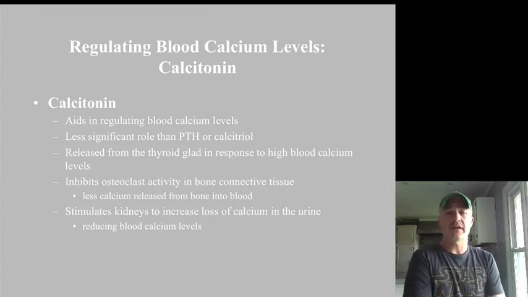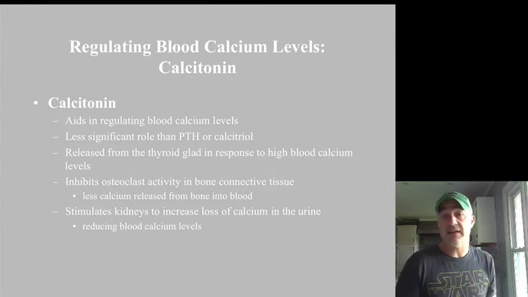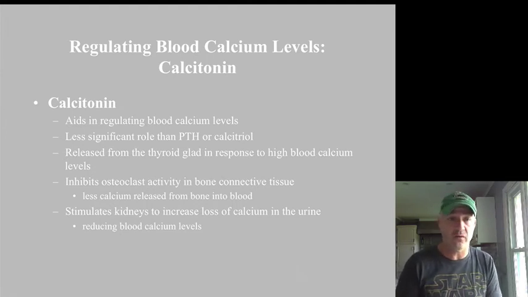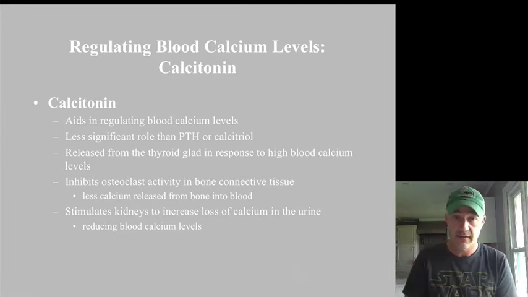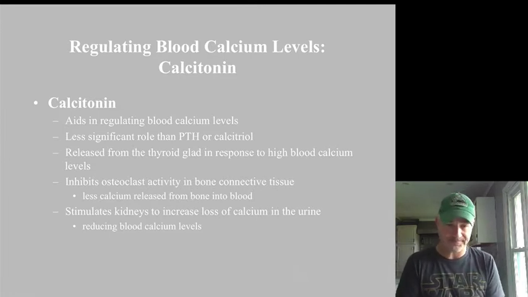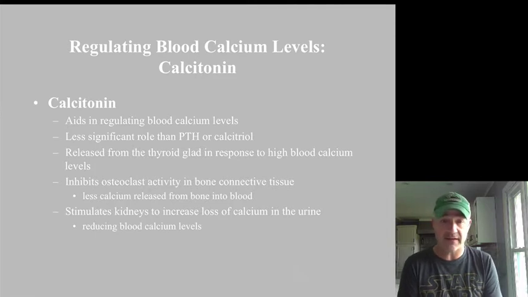There is another hormone. Its role is maybe not quite as significant as parathyroid hormone or calcitriol, and this is something called calcitonin. So the way to think of this one is calcitonin tones down blood calcium. This is one that can be released by the thyroid gland, by something called C cells in the thyroid gland, and this is in response to higher blood calcium levels.